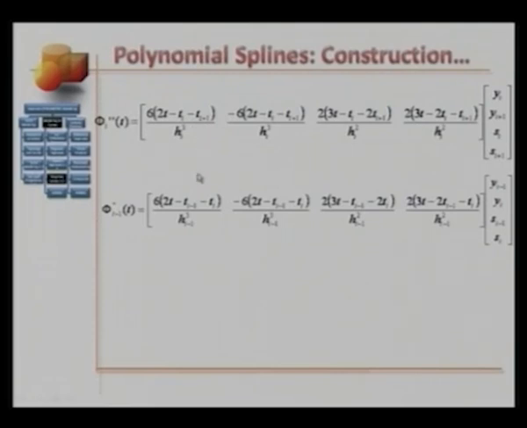The composition of each term will be similar, just that ti is going to be replaced by ti minus 1 and ti plus 1 will be replaced by ti. hi gets replaced by hi minus 1, yi gets replaced by yi minus 1, si gets replaced by si minus 1, and so on.